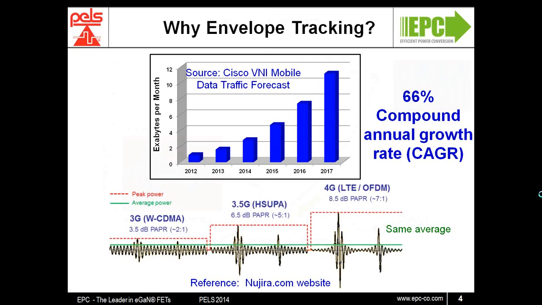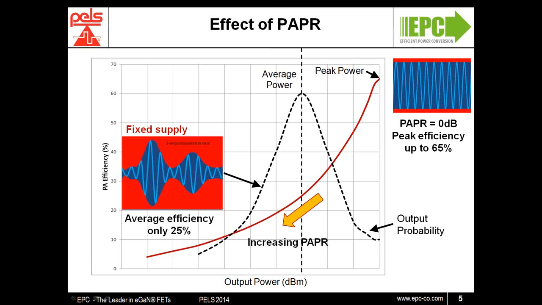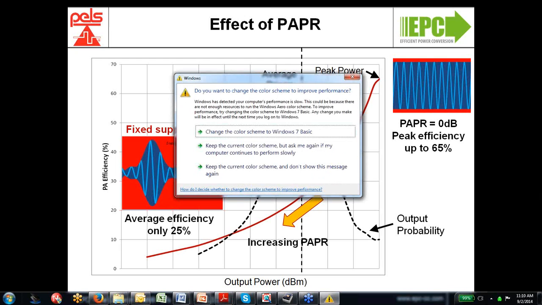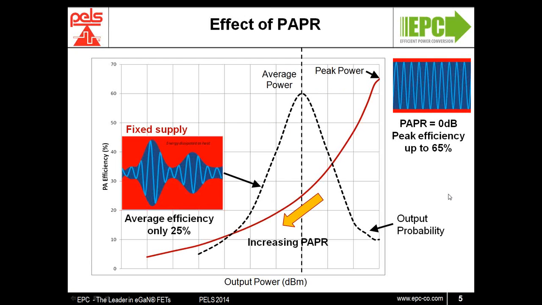To explain why that is, consider this representative diagram showing power amplifier efficiency versus output power, with output power on the x-axis and efficiency on the y. We can see that with a peak efficiency, it is possible to get as high as 65%.